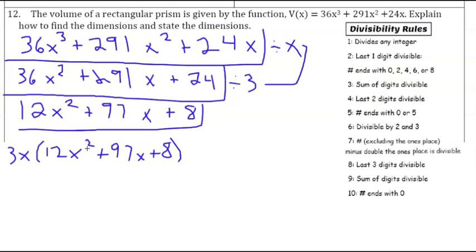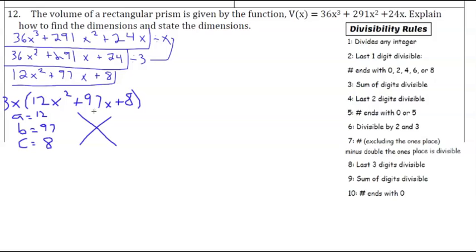To find the other two dimensions, we have to factor this trinomial. A is not 1, so let's use the slide and divide method. So we have A equals 12, B equals 97, and C equals 8.